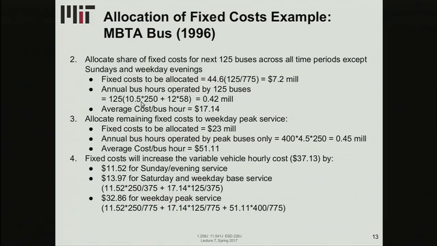Well, it's the 10.5 hours, excluding the evening during the weekdays, times 250 weekdays, plus the 12 hours on Saturdays, times the 58 Saturdays. So that's 0.42 million bus hours, and 7.2 divided by 0.42 is $17.14 average cost per bus hour.